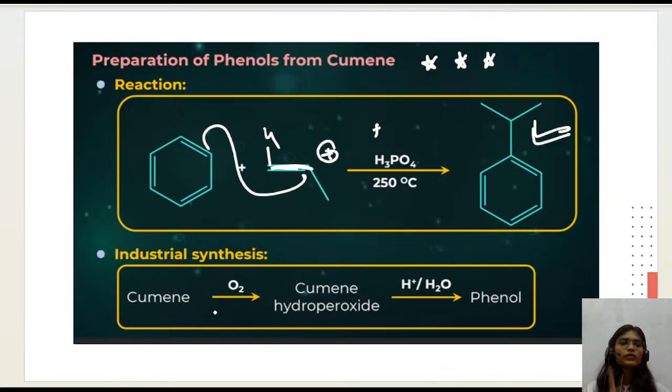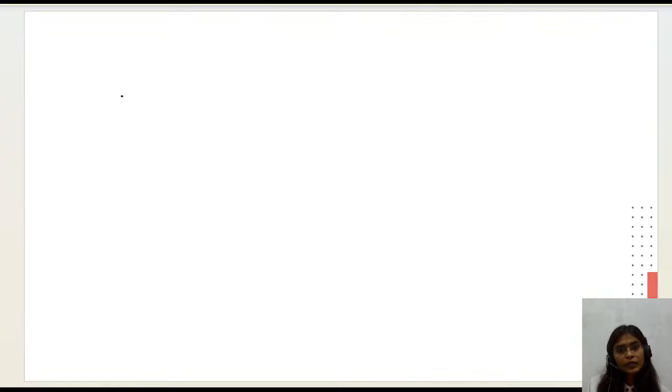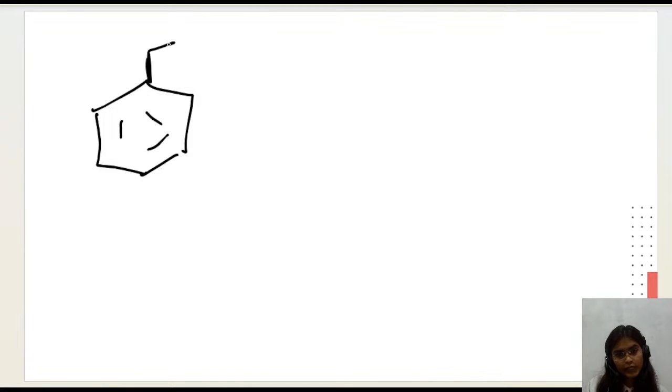So we have to start with cumene. Now the real part starts from here; the mechanism is really important for the cumene preparation. So you will be having cumene. Let me explain the mechanism. This is our cumene. Till then, can you tell me the IUPAC name for this cumene? Anyone? Cumene is a common name.